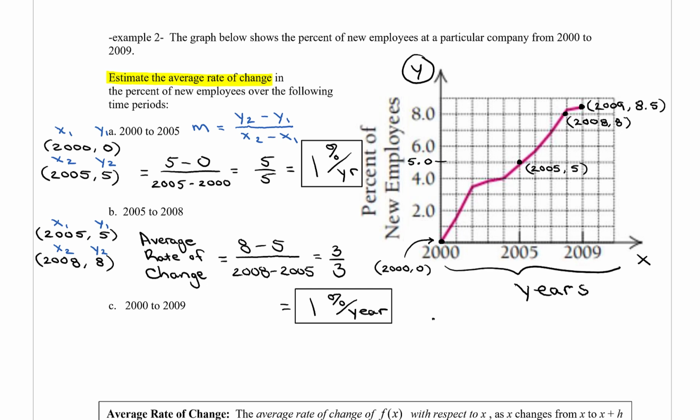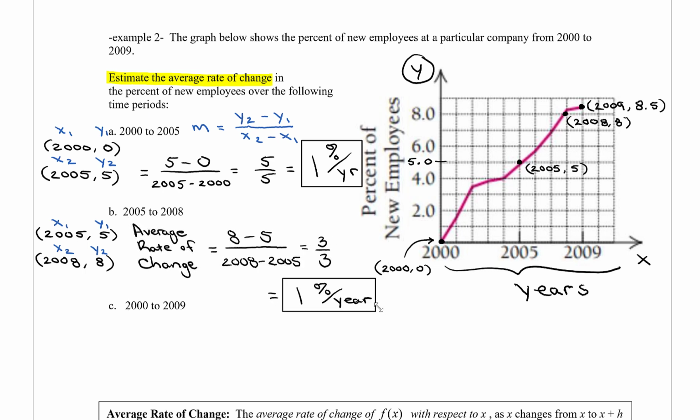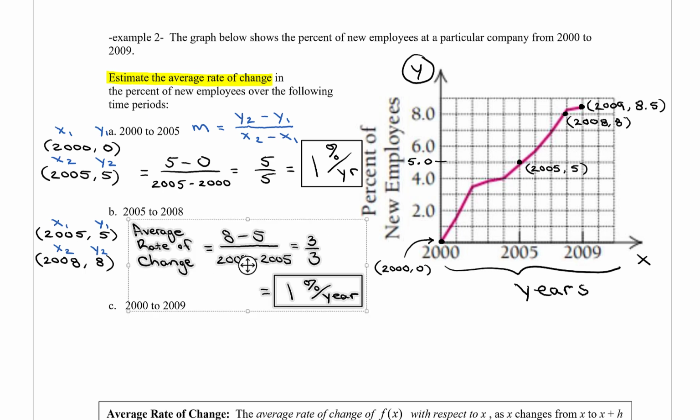Once again, this answer is going to be 1% per year for our average rate of change in the percent of new employees over the time period 2005 to 2008. For C, we're looking for the estimate of the average rate of change in the percent of new employees from 2000 to 2009.